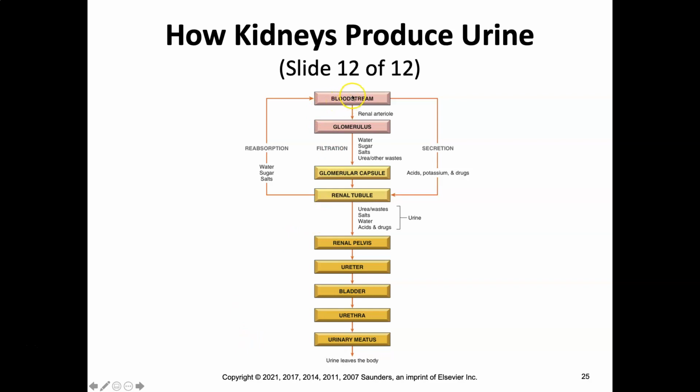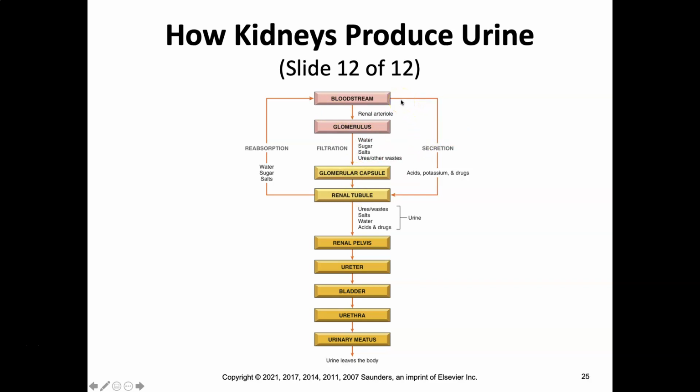So you've got your blood coming in through that renal arteriole to the glomerulus, where the filtration happens. Water, sugar, salt, and urea are pulled out when it's filtered. Then inside the glomerular capsule, you move to the point where your capsule is within the renal tubule.